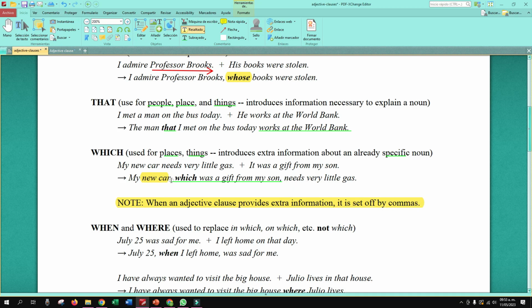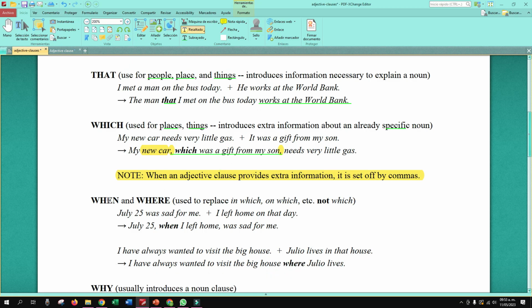You need to add a comma before and a comma at the end of the adjective clause there, right? Also, when and where are used to replace in which. You're going to use where for places and when for time, okay?